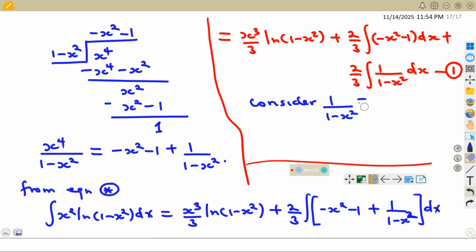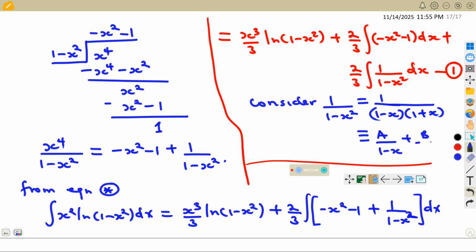Before that, we can see that 1 over 1 minus x squared is the same as 1 over 1 minus x into 1 plus x. So this can be expressed in terms of partial fractions as a over 1 minus x, then plus b over 1 plus x.